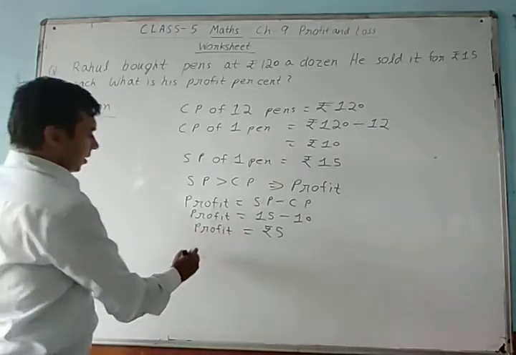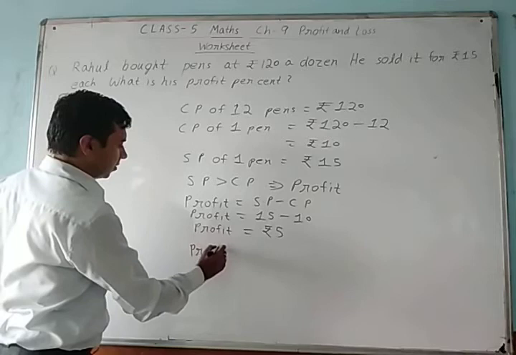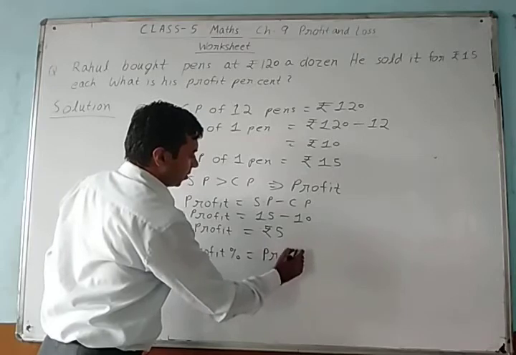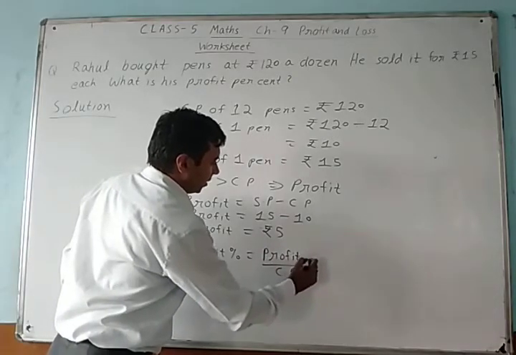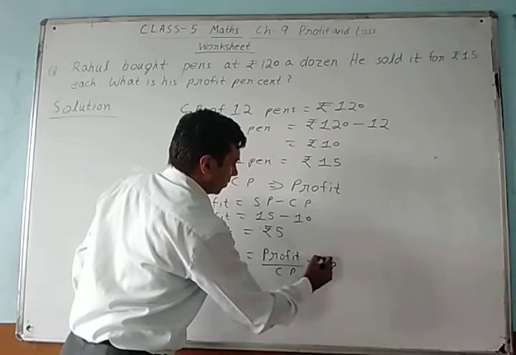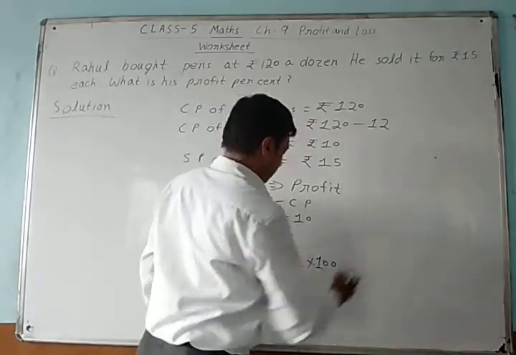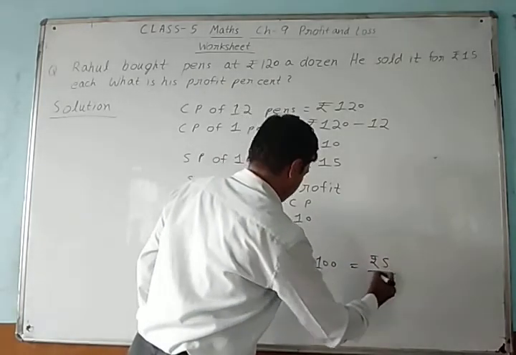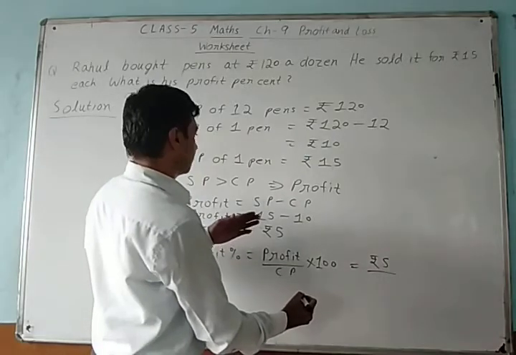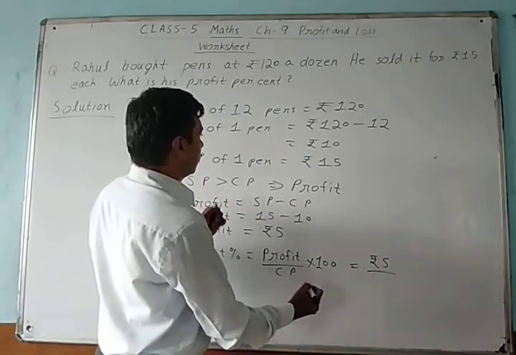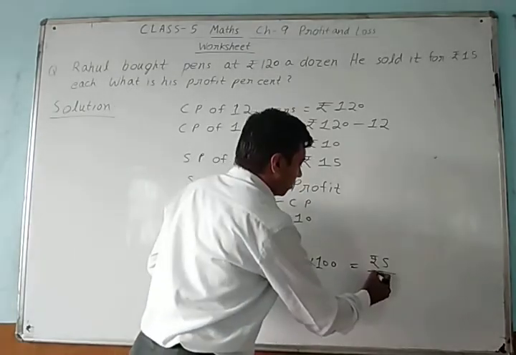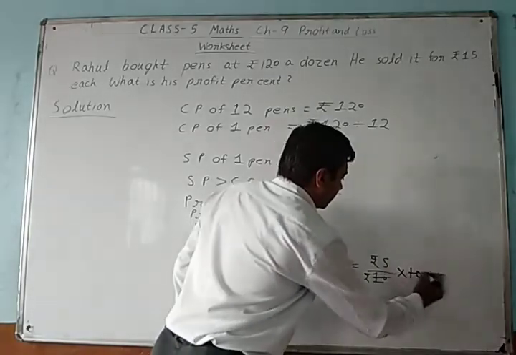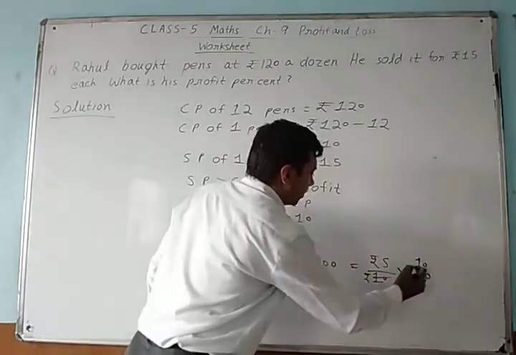Now student, profit percent. Profit percent is equal to profit upon CP into 100. Very easy. Put the value. Profit rupees 5, CP, cost price rupees 10, into 100.